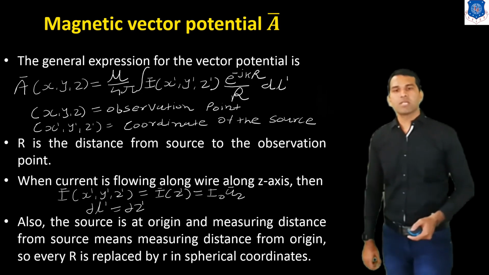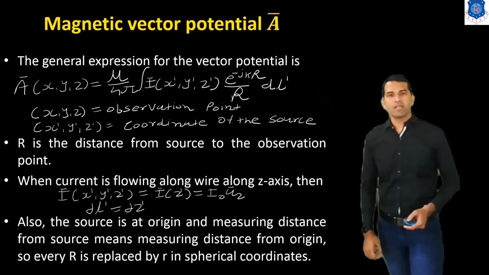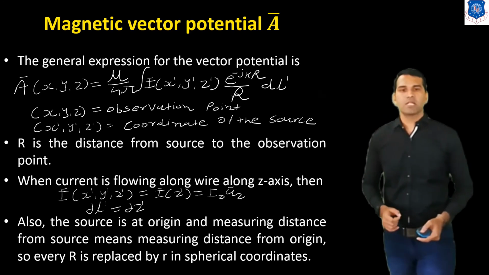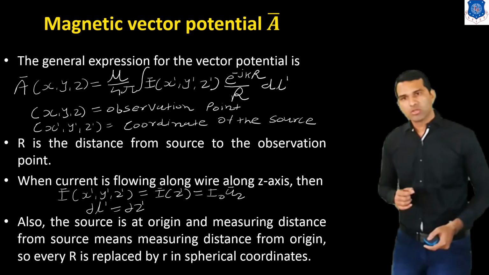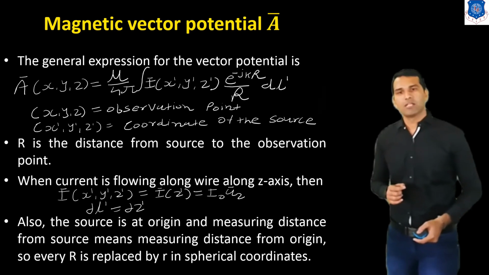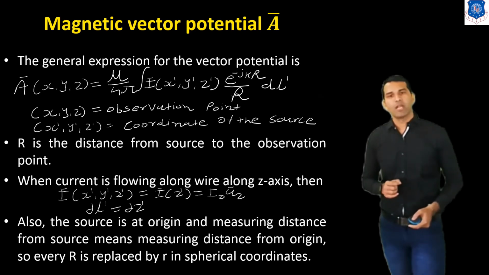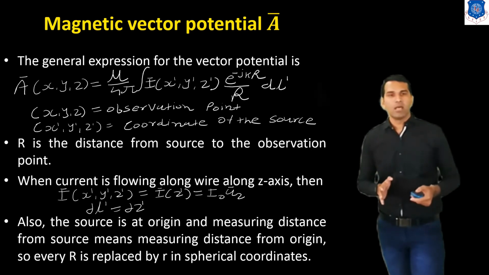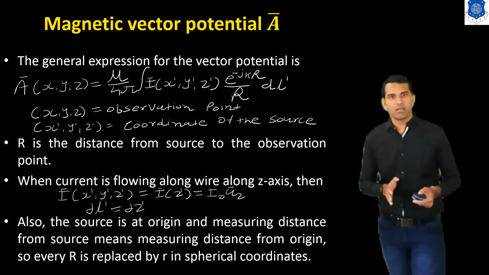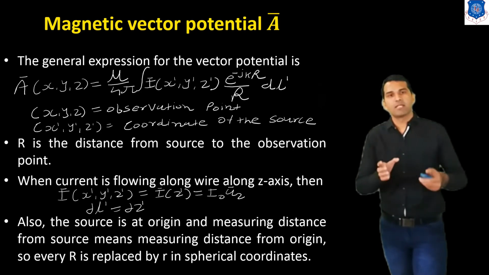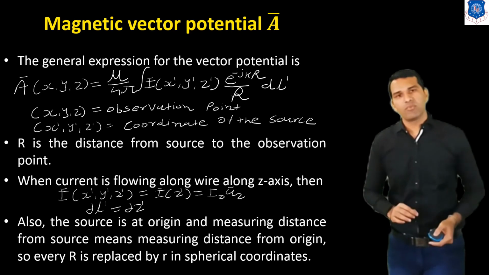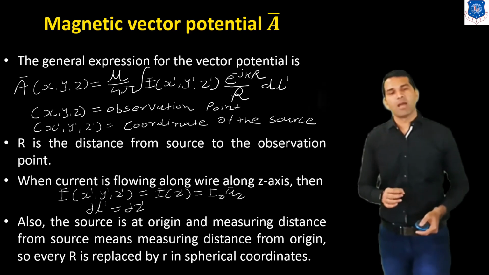Also, the source is at the origin and the distance is measured from the origin, so R is replaced by r in the spherical coordinate system. We have assumed the antenna is placed at the origin, that's why we replace capital R by small r.